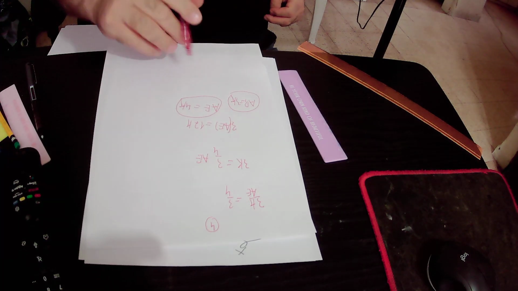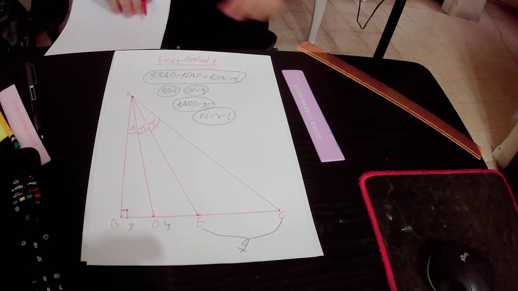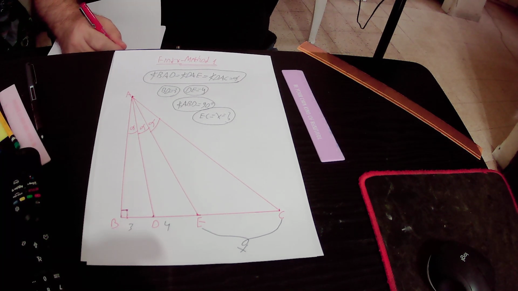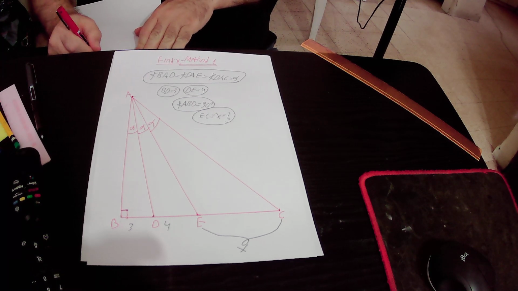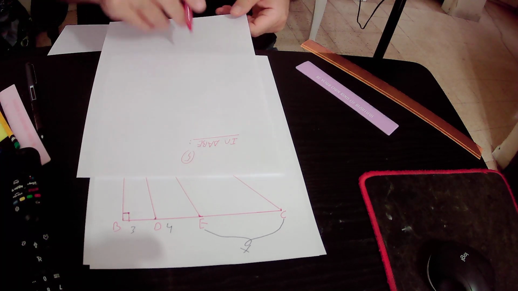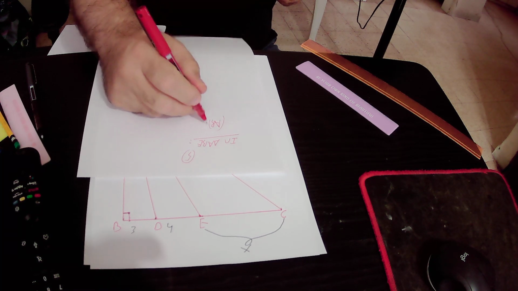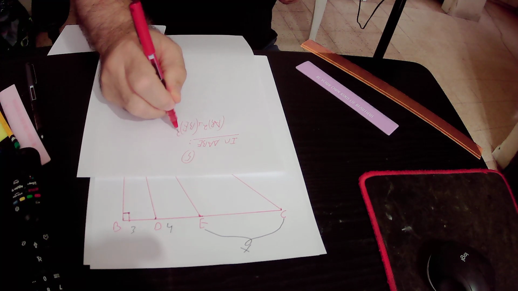So in the right triangle ABE, according to the Pythagorean theorem, AB square plus BE square equals AE square.